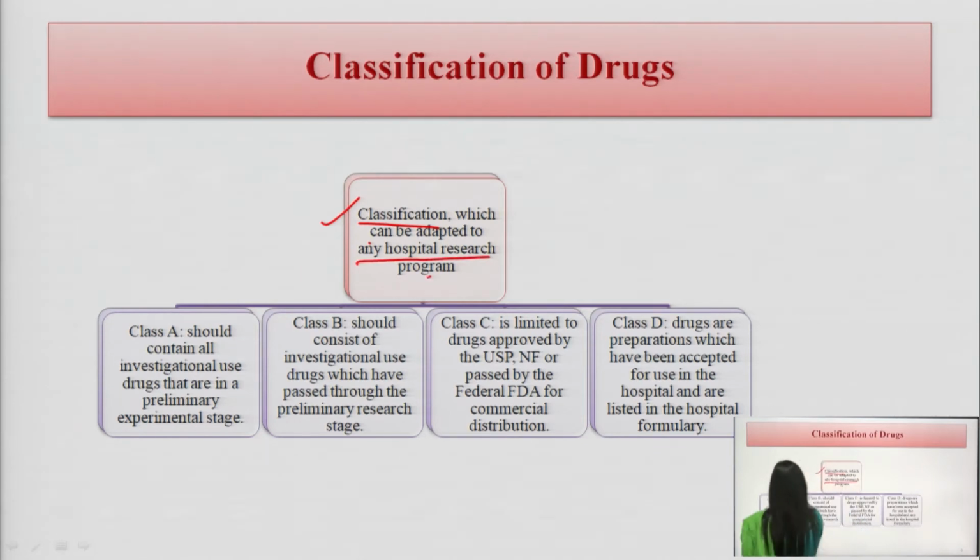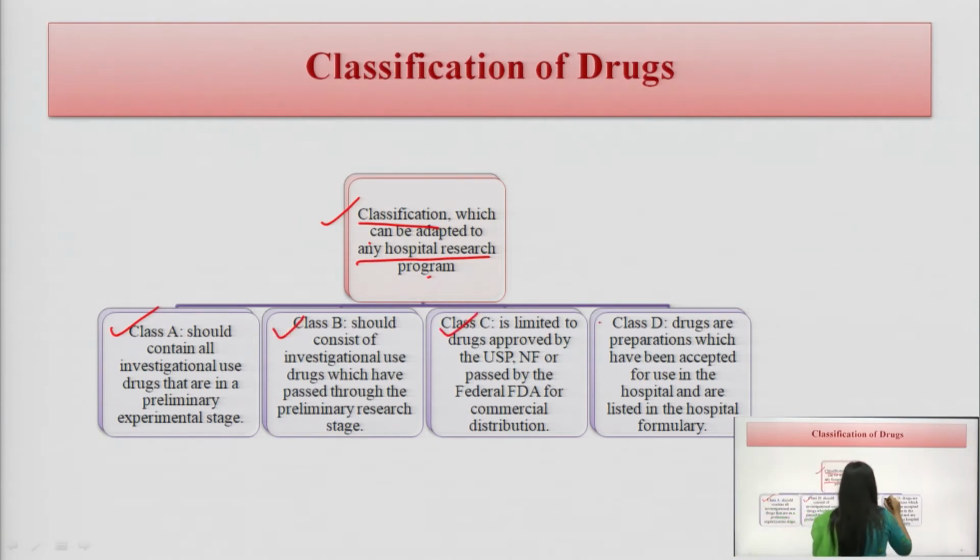They are classified as class A, class B, class C and class D. Class A means the drugs that are in the preliminary experimental stage, which have not been explored for their effects. We don't know much about the drug or its indications; the drug is new at all. So we classify it as class A.